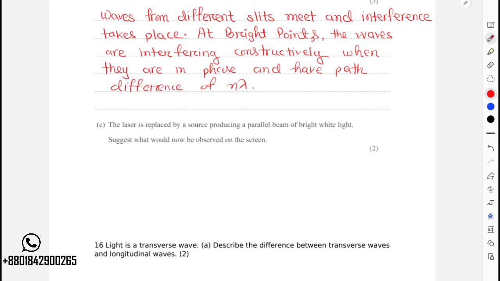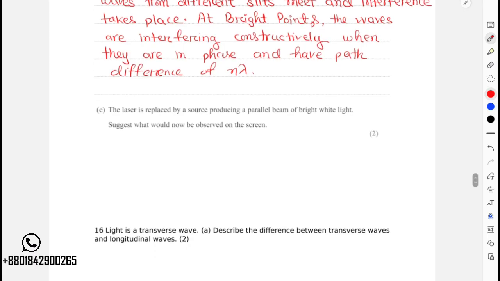So we can see a white dot at the point O, and in all the other cases we will see the diffraction pattern, right? The spectra will be seen on either side of the dispersion because diffraction causes all the 7 colors to travel at their separate individual speeds.